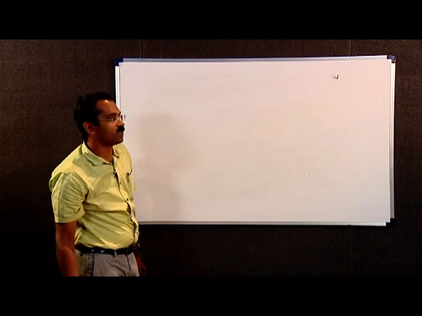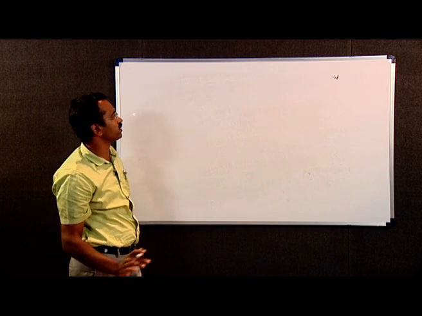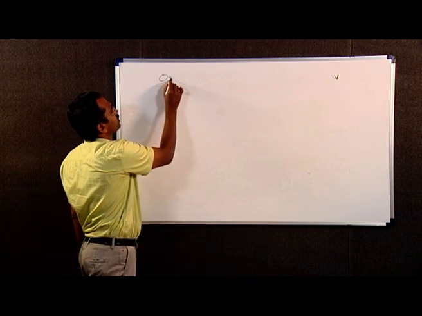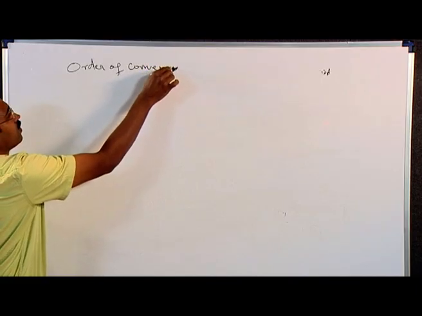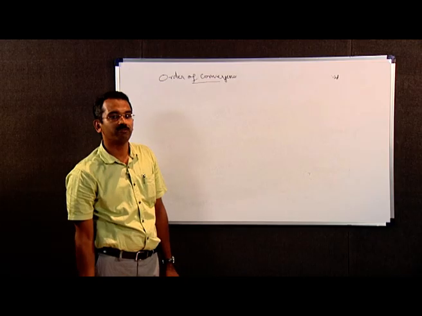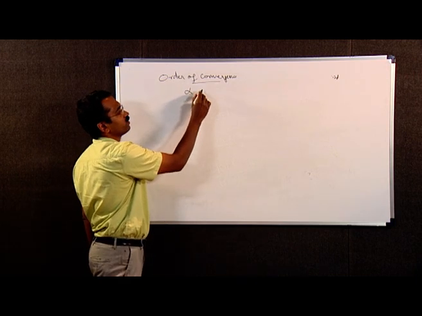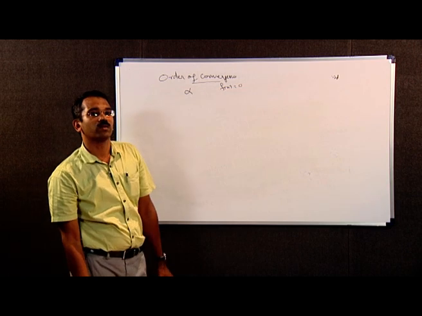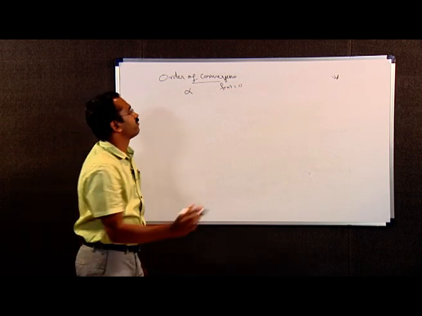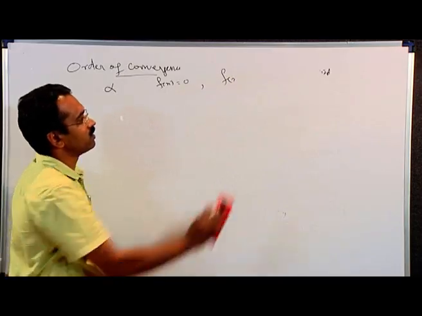Now, I will explain the order of convergence in the Newton-Raphson method. Order of convergence. Let alpha be the root of the equation f of x equal to 0. Then f of alpha equal to 0.